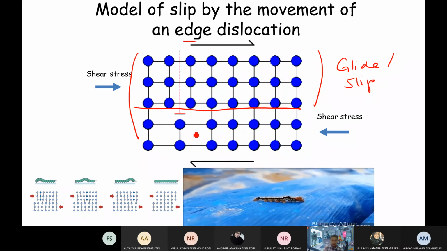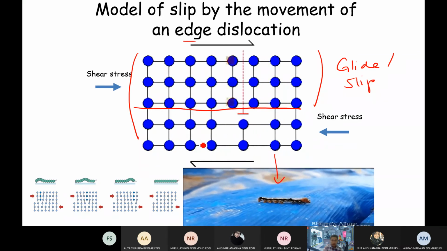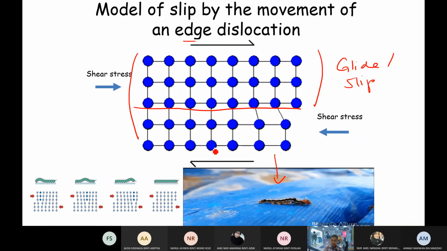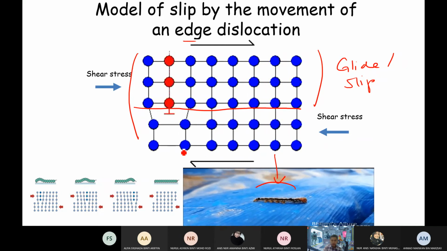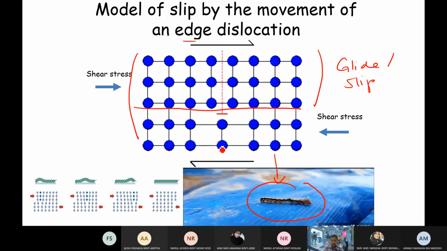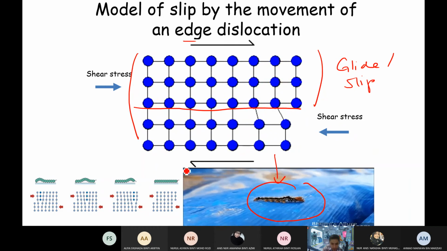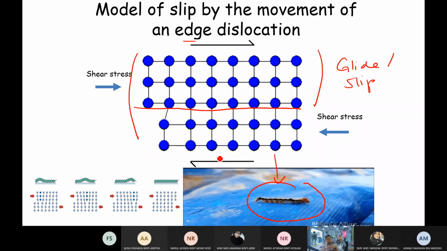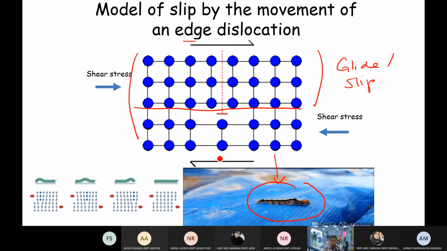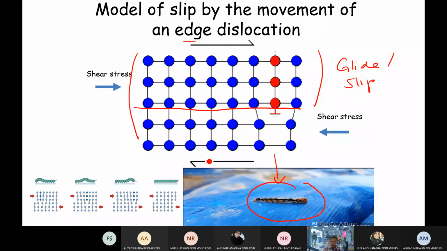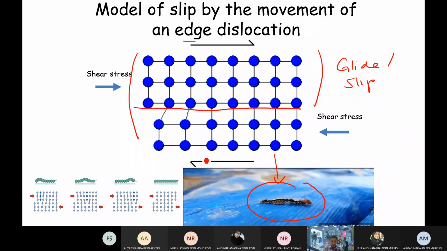Kalau you tengok dekat animation below here, this movement is very similar to movement of what? Ni apa ni? Apa nampak? Dekat gambar bawah ni apa you nampak?